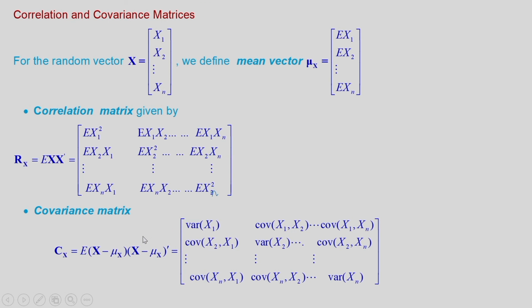So, in the case of multiple random variables, the correlation structure can be expressed succinctly in terms of the correlation matrix and the covariance matrix.